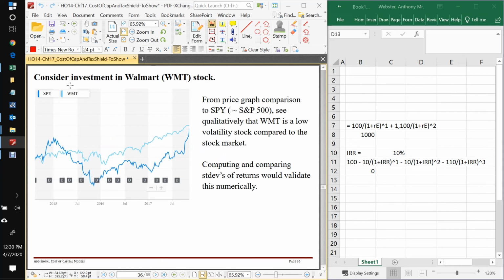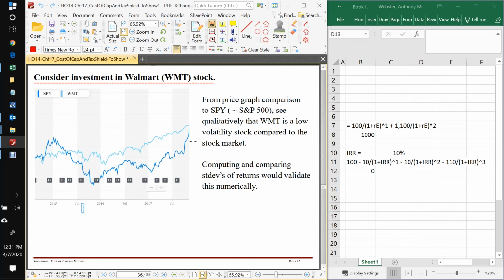So, given that mission statement, the hedge fund is considering buying shares of stock of Walmart here. Okay, and they've got a graph of the price of the SPY ETF that follows the S&P 500 in dark blue, and a graph of the price of Walmart in light blue. And just looking at this without having to do 30 years worth of returns and getting standard deviations or values at risk or anything like that, you can clearly see that Walmart is much less volatile than the S&P 500.